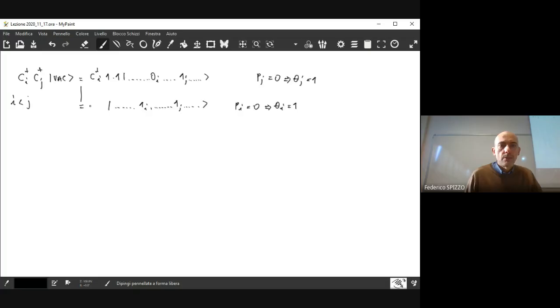So I have 1 times 1. So at the end, I have a vector with electron i and electron j, and the occupancy of the levels is 1 for each level. I now exchange the order of application of the operators.